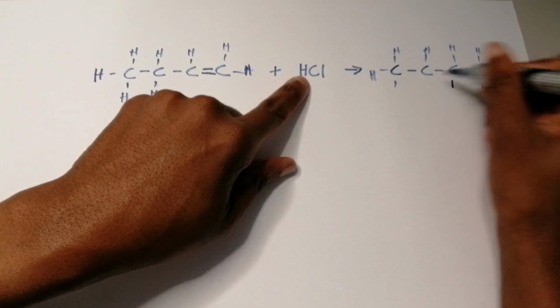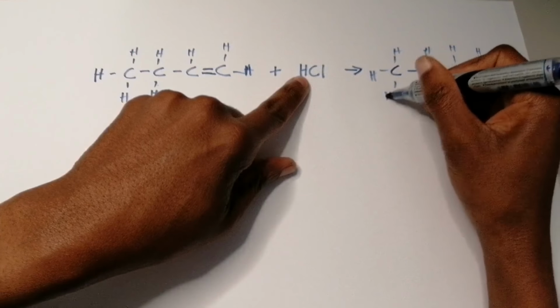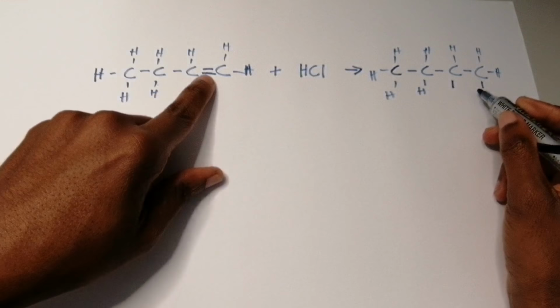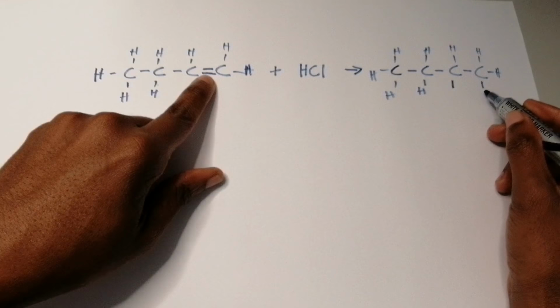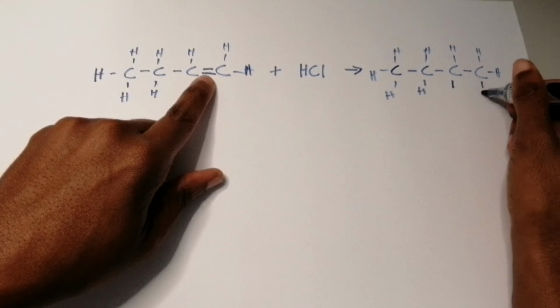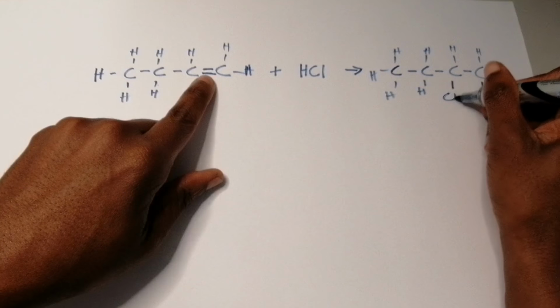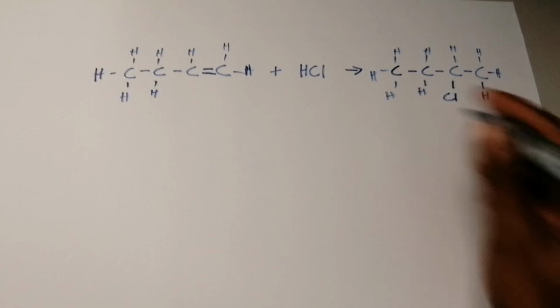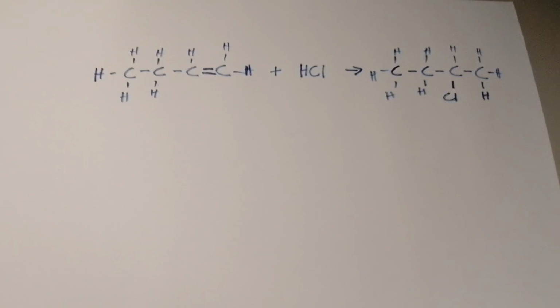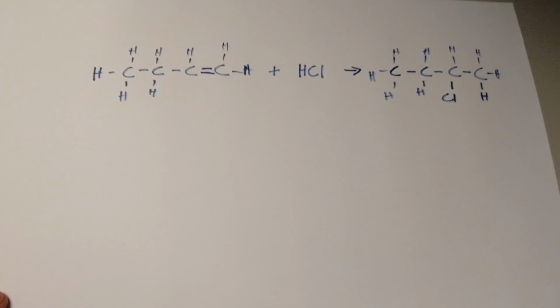The double bond breaks, and then we've got 2 spaces available. So the hydrogen goes to the carbon that has the most number of hydrogens. So hydrogen will go there, and the chloride will go there. In this case, this will be 2-chlorobutane, whereas this was but-1-ene. I hope that makes perfect sense, ladies and gents.